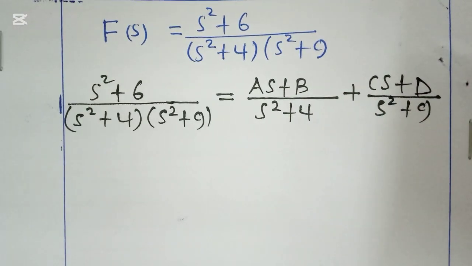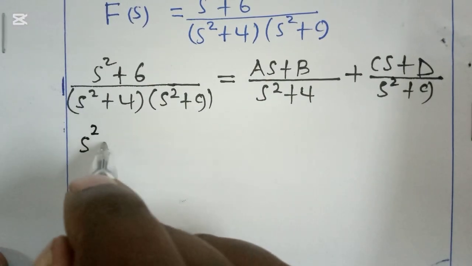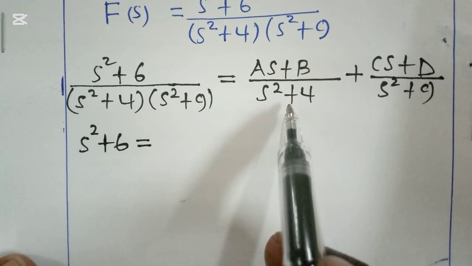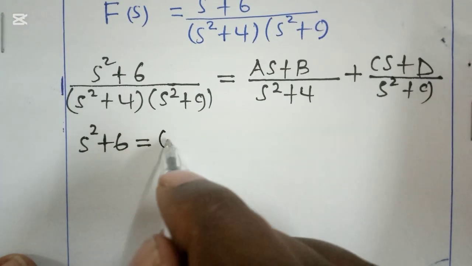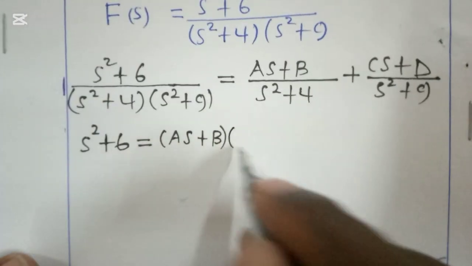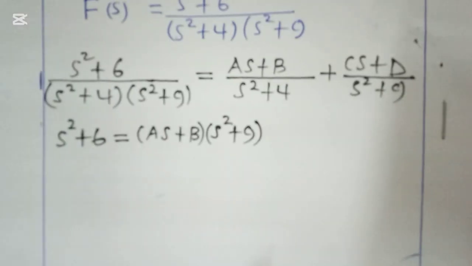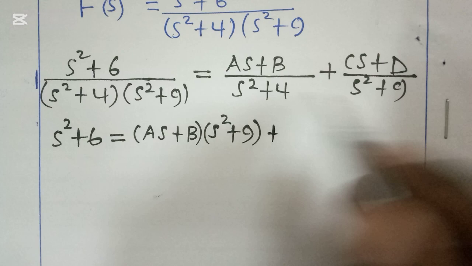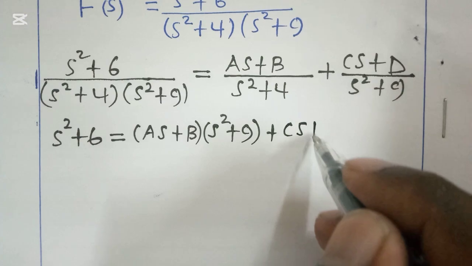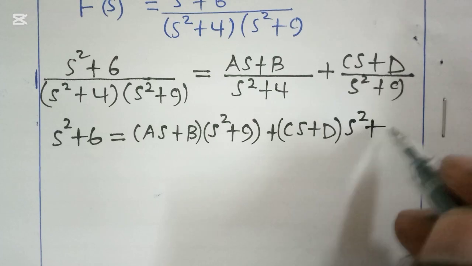Guys, from that we come now and say s squared plus 6 is equal to, you divide that by that, you get (as plus b) multiplied by (s squared plus 9), plus this one, you divide that by that, you'll get (cs plus d) multiplied by (s squared plus 4).